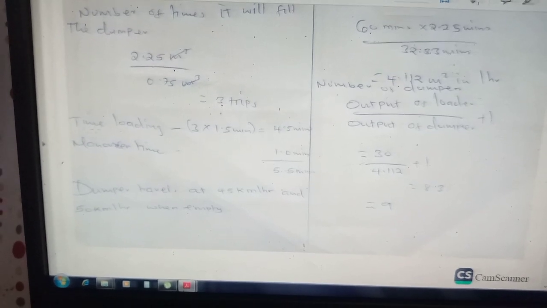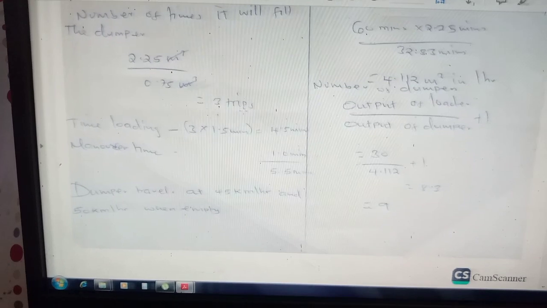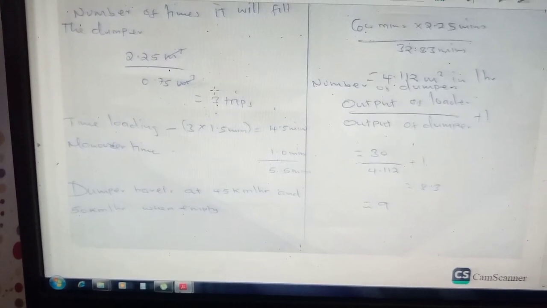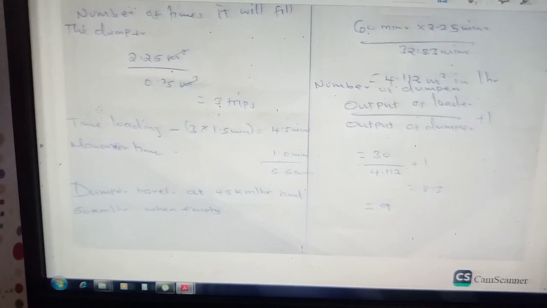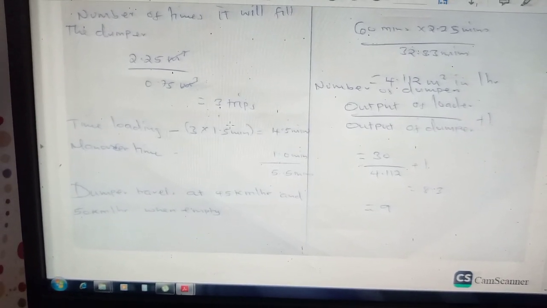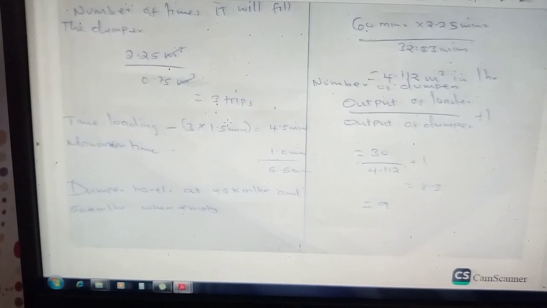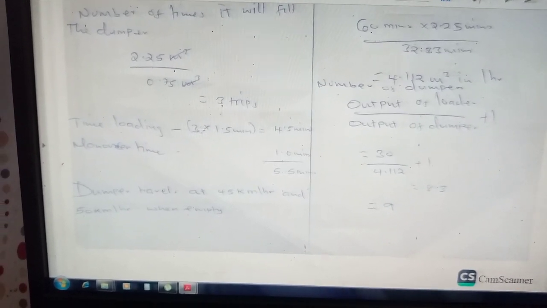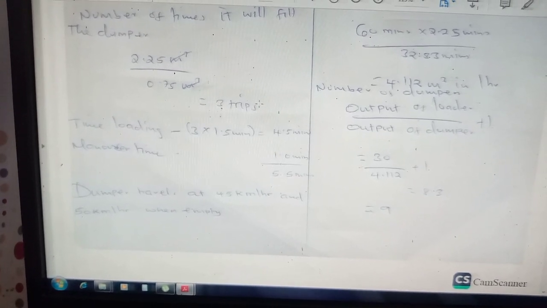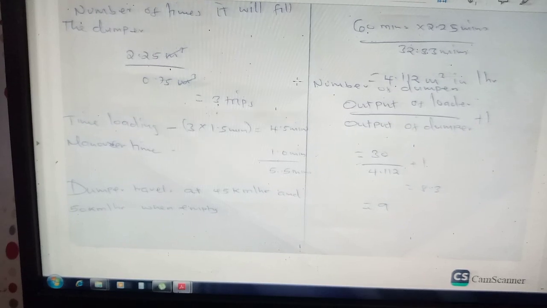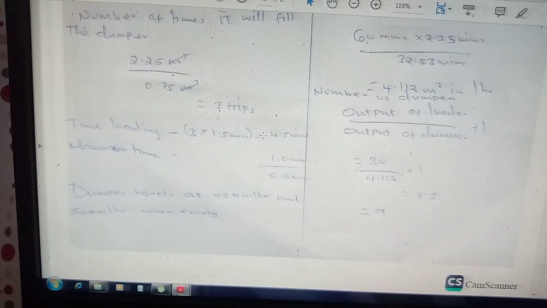Then you calculate the time that will be taken for the loader. Remember, when the loader loads 3 times to fill one damper, you say loading time is 1.5 minutes, which is the cycle time, multiplied by 3, the number of times the loader will load to fill the damper, which gives 4.5 minutes.